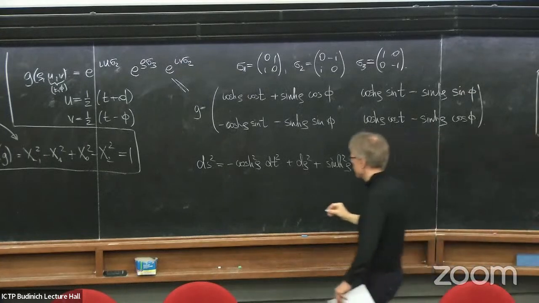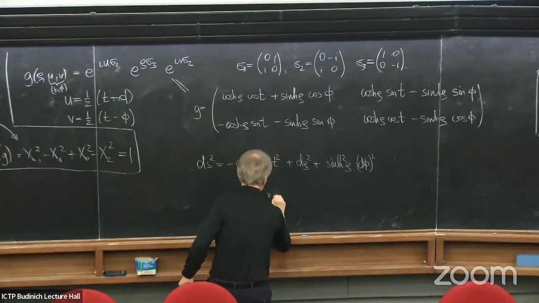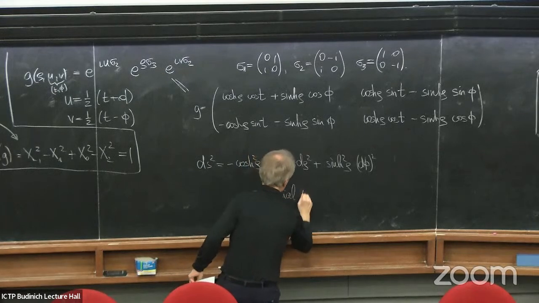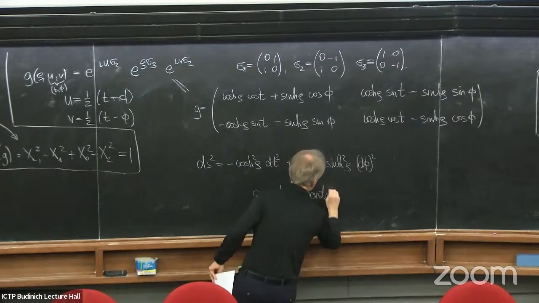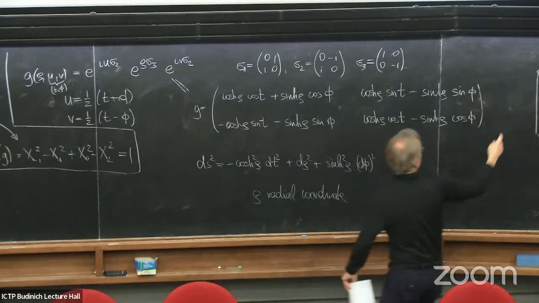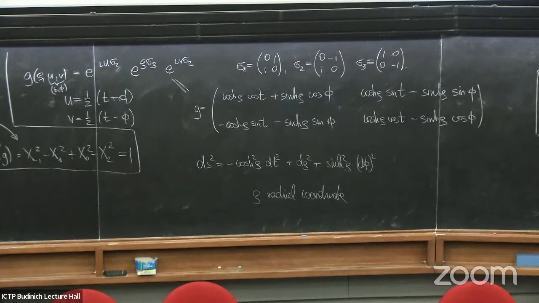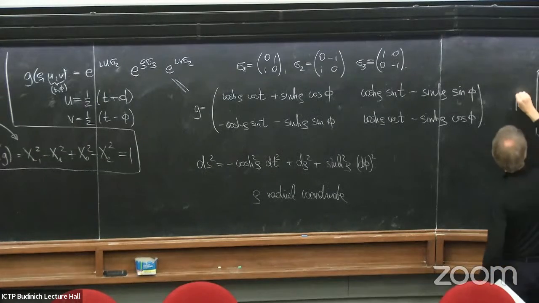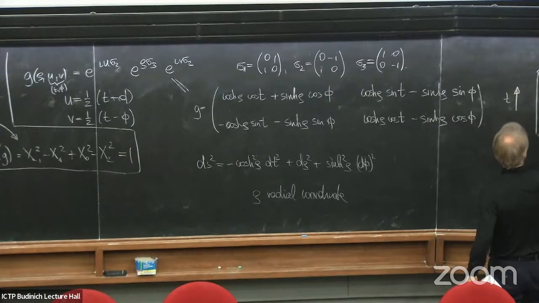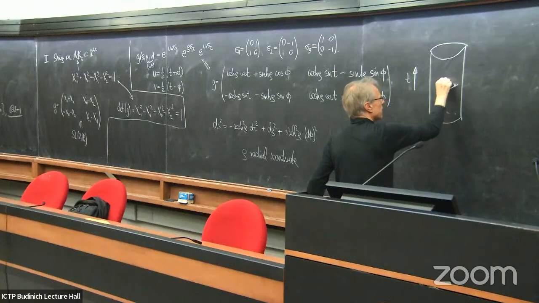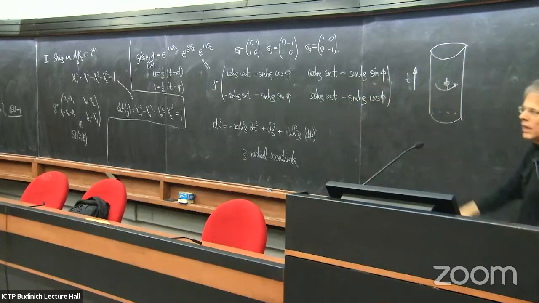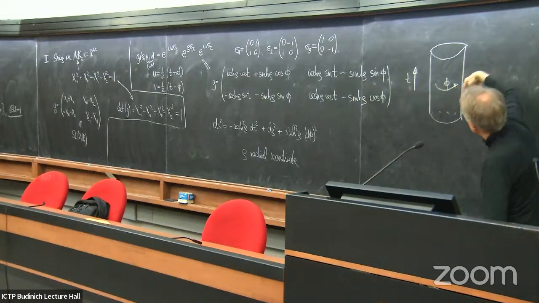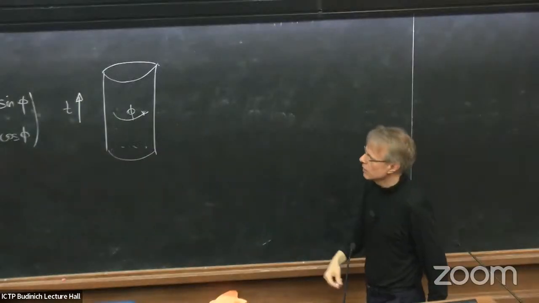So rho equal to 0 is in the center of AdS3, rho going to infinity is at the boundary. And at the boundary, our degrees of freedom are time and phi. So along the cylinder, it's the time, and then the rotational axis is the phi direction.